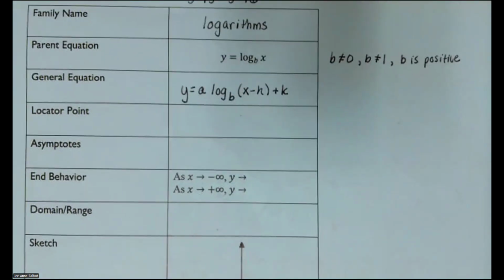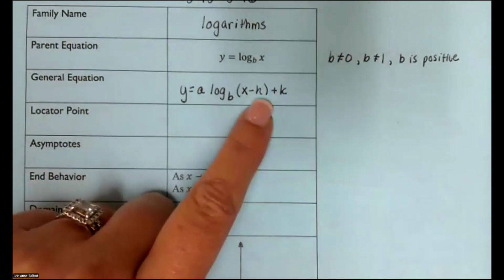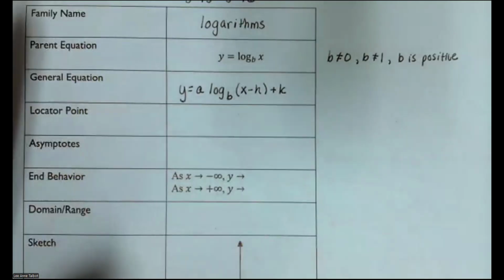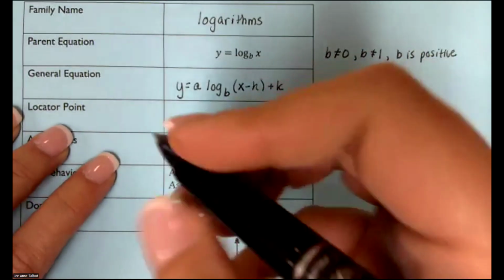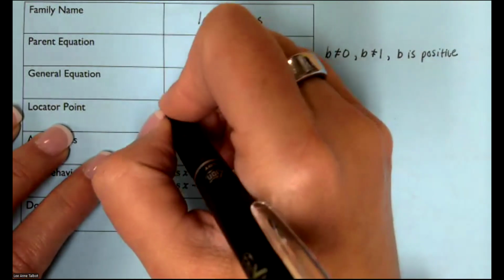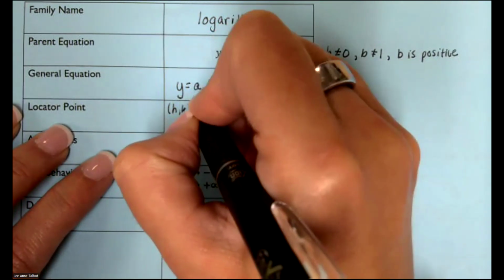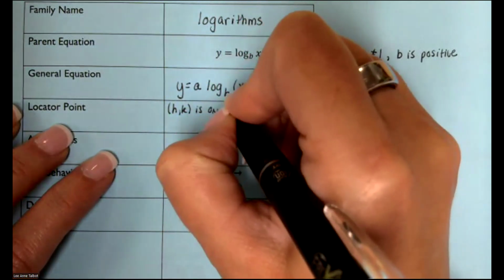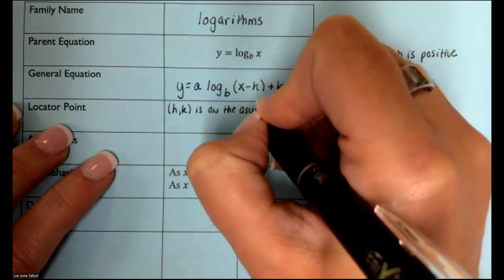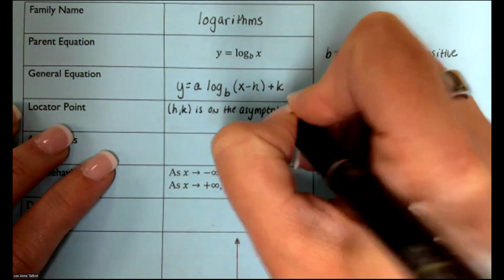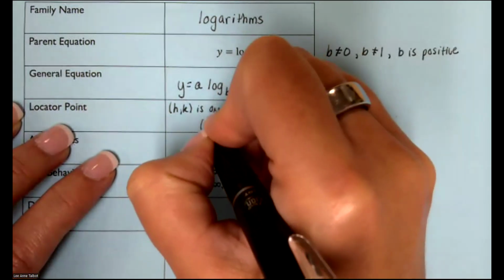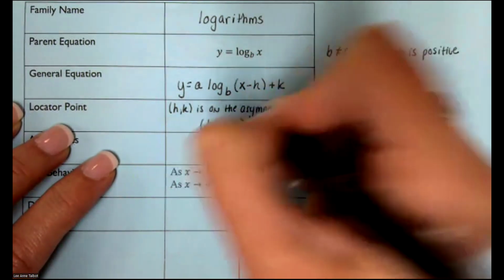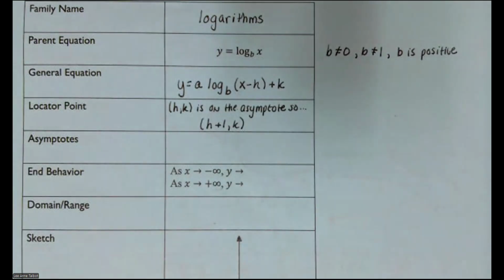No. Okay, A in the front, H in the parentheses, K outside. Not that big of a deal. Locator point is very similar to the exponential. You cannot use HK. It's on the asymptote again. The locator point is H plus 1 comma K.